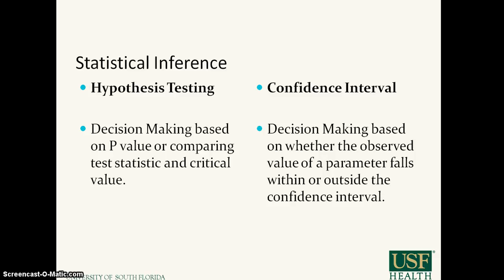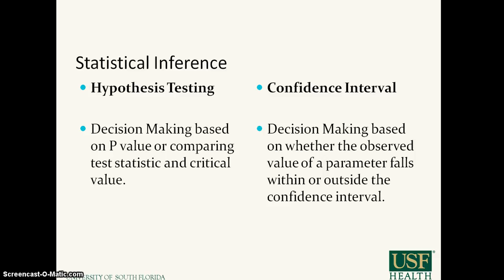And then you need to select the test statistic, and you compute the test statistic from the data to get the value of the test statistic. And you need to select a type 1 error, the alpha level. The most commonly used is 0.05. And you can use the critical value from the null distribution of the test statistic, compare it to the test statistic value, or you can compute the p-value.